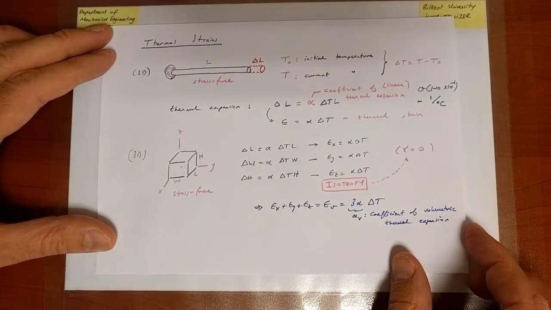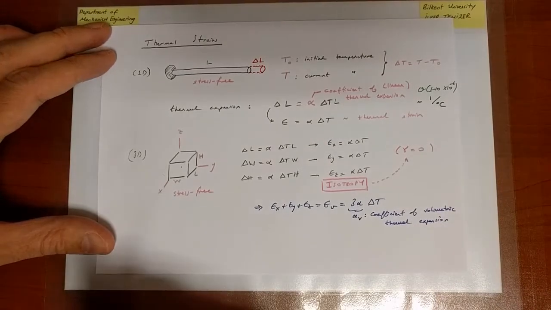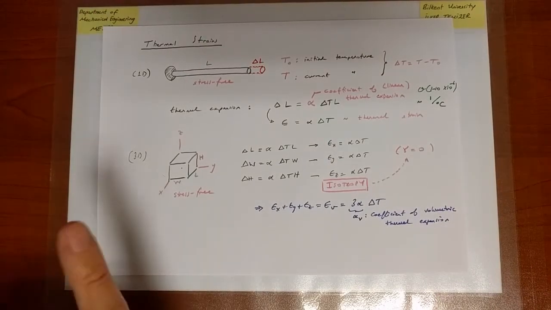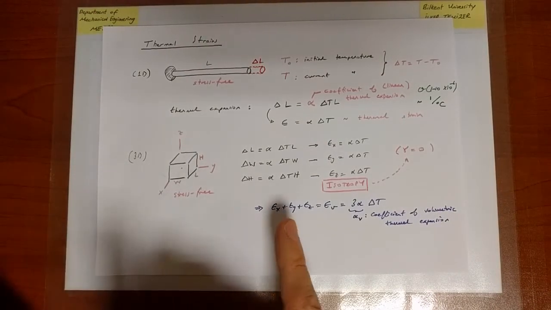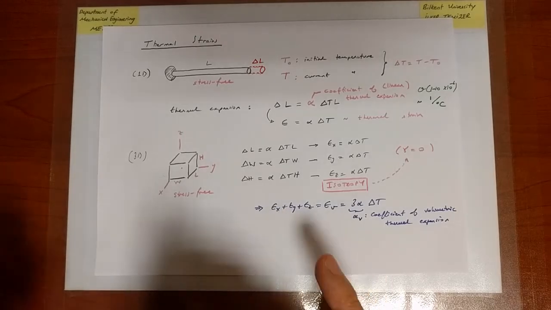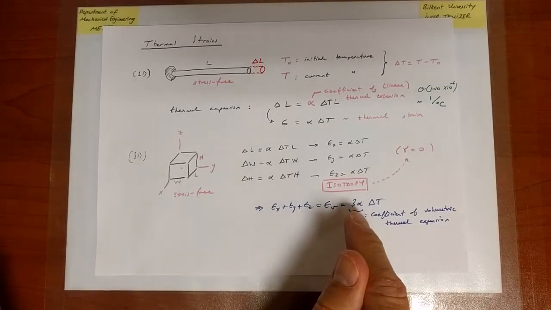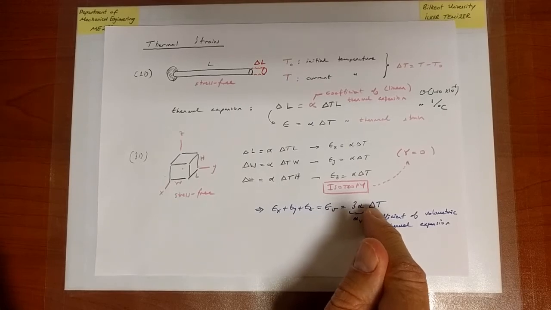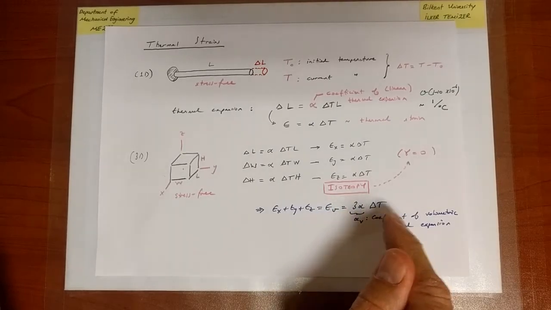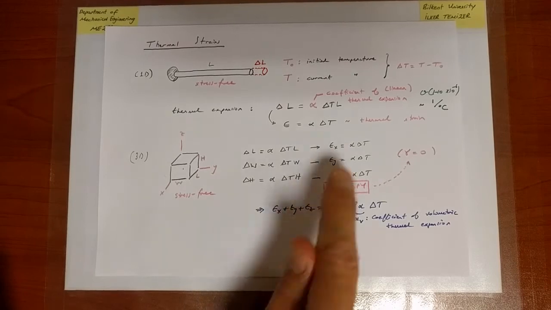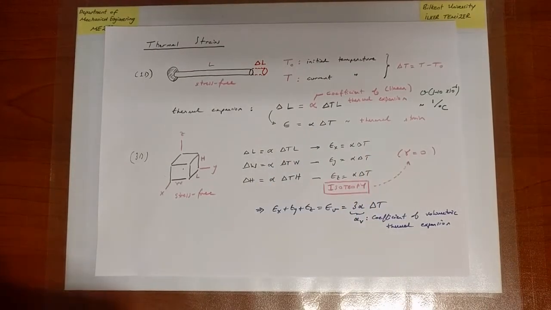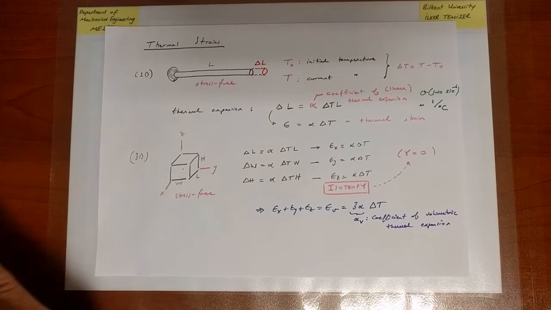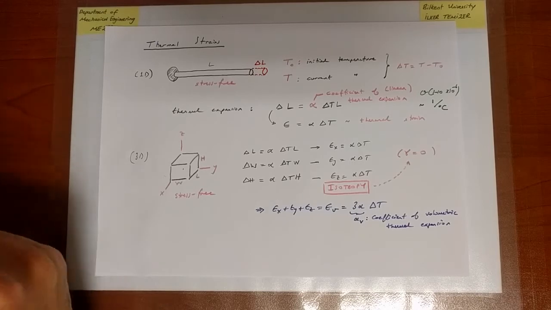Well, if we have both of them, you can imagine that, one, we are dealing with small deformations, and two, these are all reversible or in some sense elastic deformations. So in other words, if I remove this temperature change, if delta T increases and then decreases, all the strains will go back to zero. By the way, these relations are defined. So just like sigma equals E epsilon in a simple 1D scenario, you put a load, you get a strain, you remove the load, the strain goes back to zero.